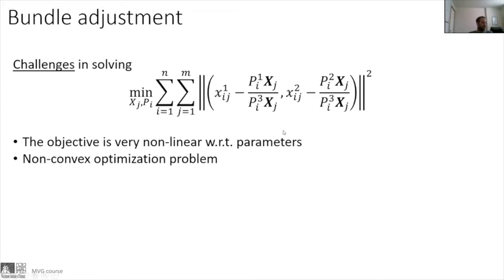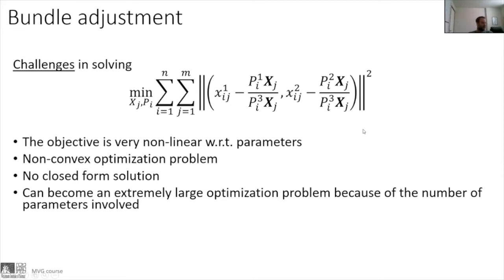To get a bit of intuition why it's not convex, it's because we divide here by our optimization variables, and we also multiply two optimization variables, which in general is also not convex. So because of the two reasons above, there is no closed form solution for this optimization problem.